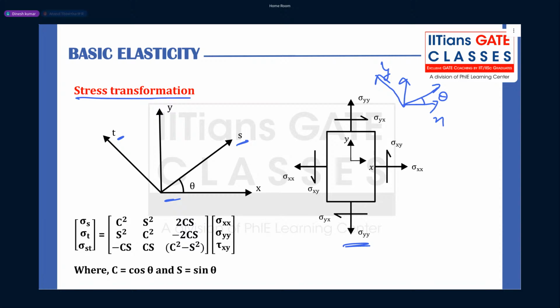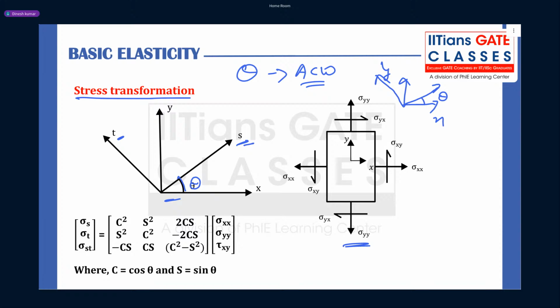Exactly, in trigonometric form. So we need to use stress transformation to find stresses in the rotated coordinate, or as we also call it, stresses on inclined planes. I will explain. Suppose you already know stresses in the xy direction and it is rotated by some angle theta, anti-clockwise.